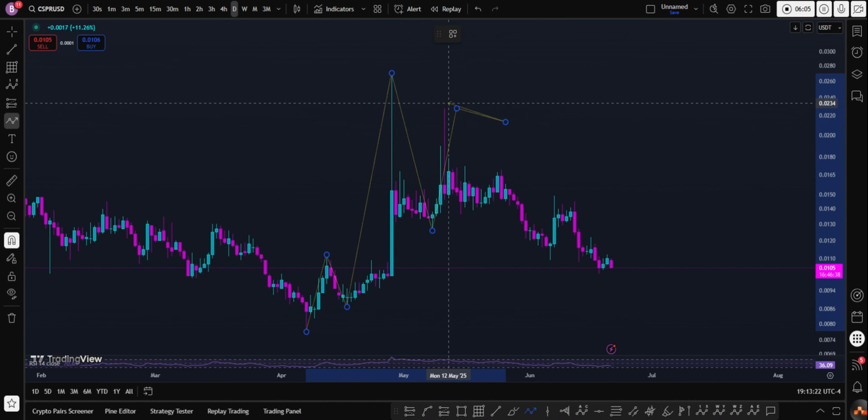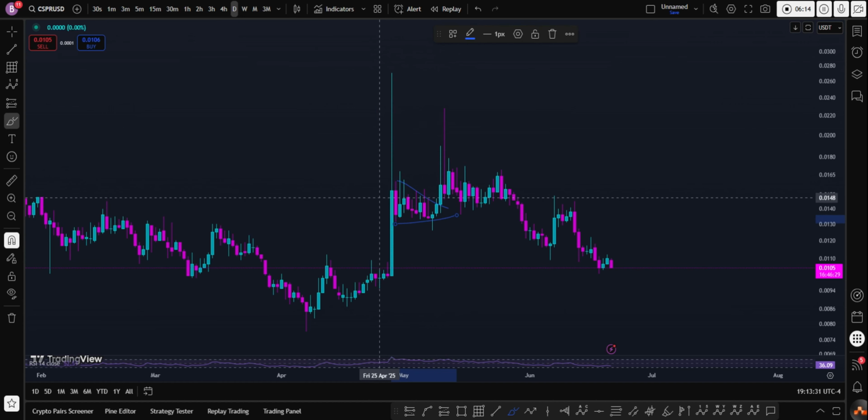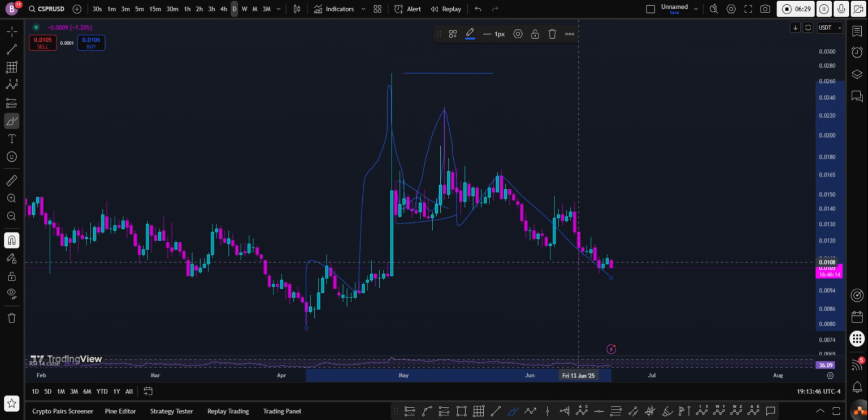Because you can completely see that there was a triangle here, a correction here. So meaning this was our 4, and then a truncated 5 that did not take out this high. So clearly you see this is a 1, 2, 3, 4, and then 5, and then this is now an A, a B, a complete C again.